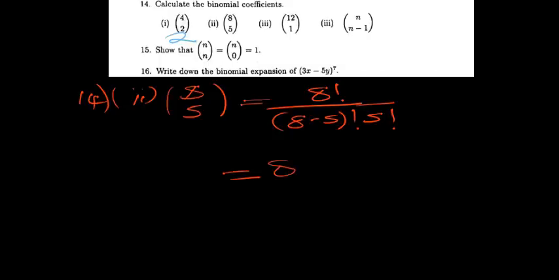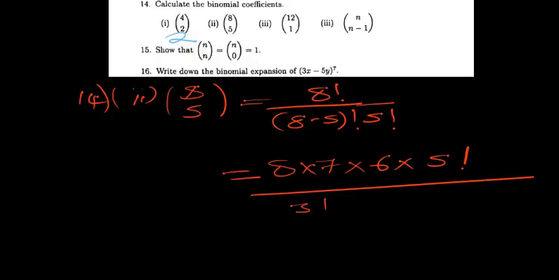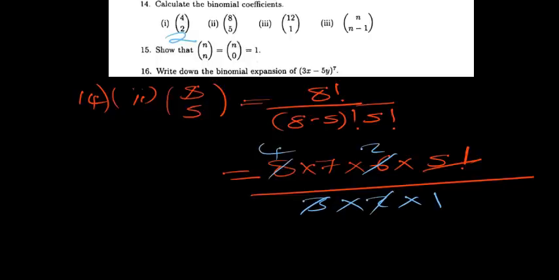So we can say 8 times 7 times 6, and then we end at 5 factorial. 8 minus 5 is 3 factorial, and 5 factorial divides 5 factorial, so you go on to the next step, 3 times 2 times 1. 3 there is 1, 3 there is 2, 2 there is 1, 2 there is 4. 4 times 7 is 28, times 2 is 56.